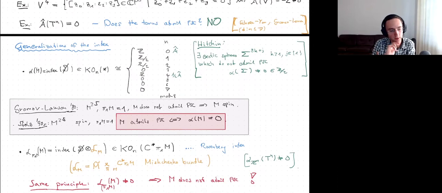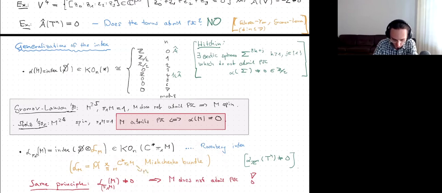What you do here is you do what I suggested above, twist your operator by a bundle, and the bundle you use here is the so-called Mishchenko bundle, which has as fibers the universal group C-star algebra of the fundamental group, and you take the representation of the fundamental group by left multiplication on its own C-star algebra and construct the associated bundle, and that gives you a bundle over your manifold.